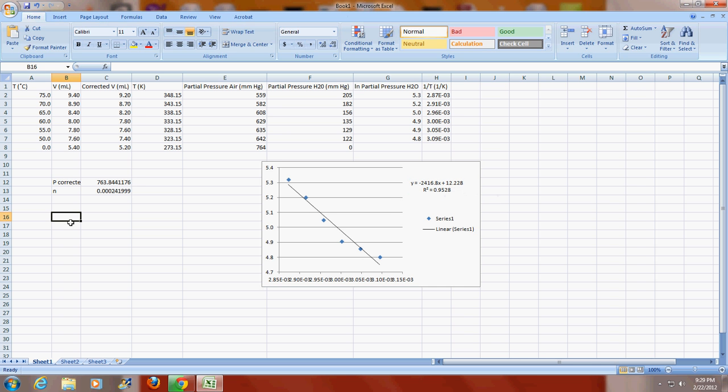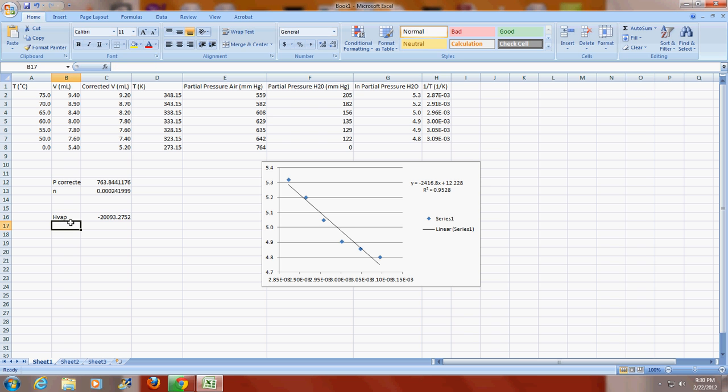Now, according to what we've learned, the delta H of vaporization is supposed to be calculated by multiplying minus the slope times R. And R is 8.314. Multiply this times minus the slope, and the slope is 2416.8.